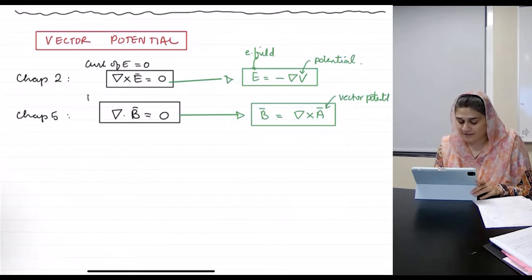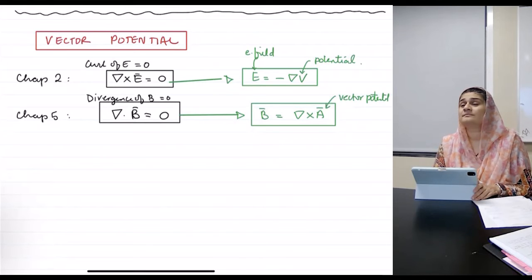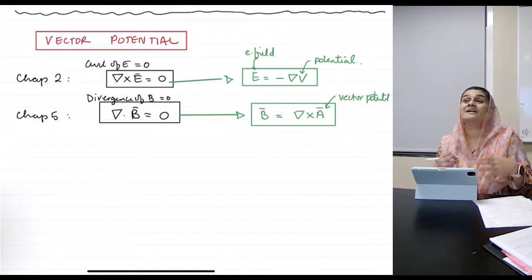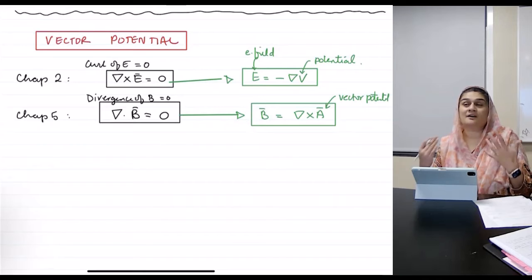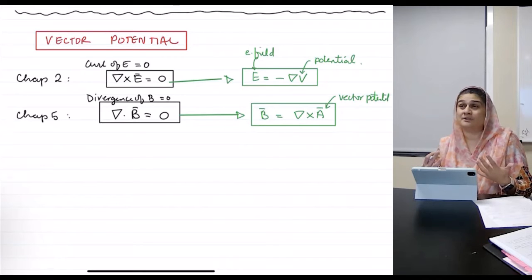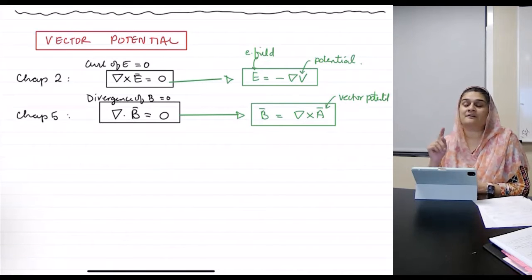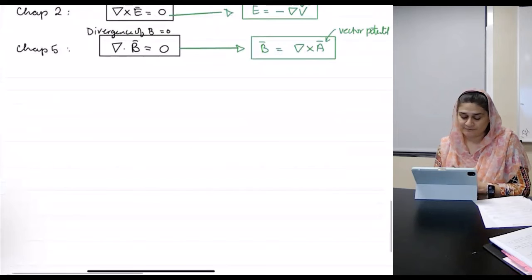In the other case, divergence of B equals 0. Both lead us to potentials. In one case, it will be a scalar number, and the other case, it will be a vector number. Vector potential. Now, there's a third way of writing Ampere's law, and I'll show you how that works.